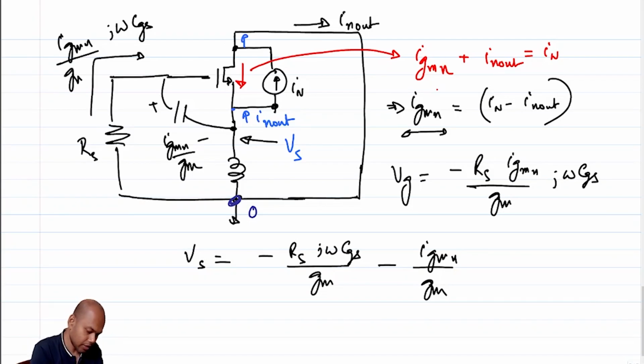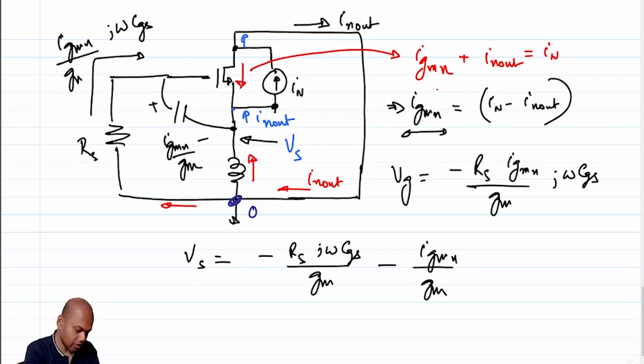That is, I know that this current is IN out, correct? And I know that this current is IGMN by GM times J omega CGS. So I can figure out this current.